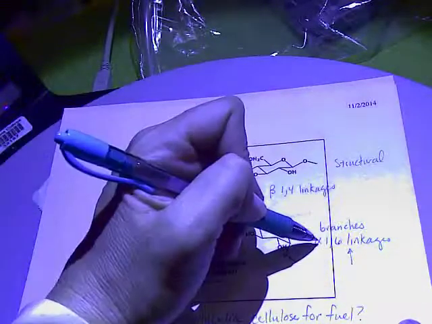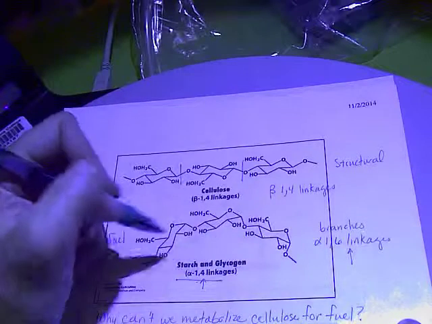And so we cannot free each of these glucose molecules to use as fuel. And so you have to remember that only alpha 1,4 and alpha 1,6 linkages are able to be metabolized by animals so that we can free glucoses. Okay? So that brings us to question 3.